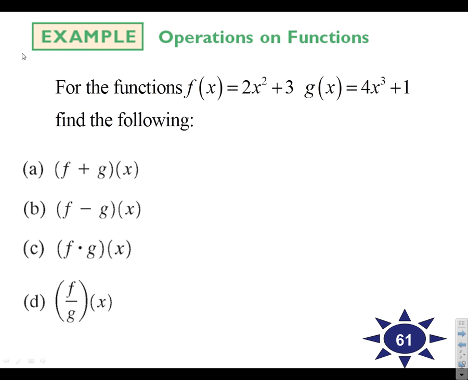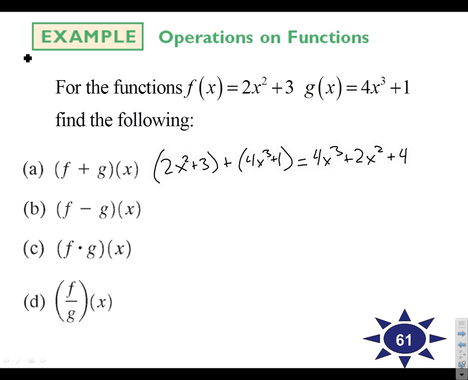Okay, so 2x squared plus 3 is f, and 4x cubed plus 1 is g. If we added them together, it would be 2x squared plus 3, plus 4x cubed plus 1. Put them all together, and we've got 4x cubed plus 2x squared plus 4.